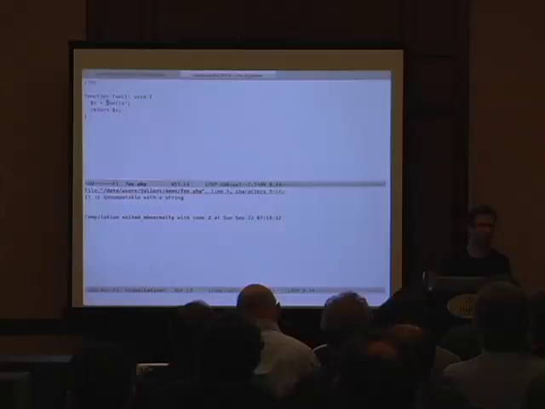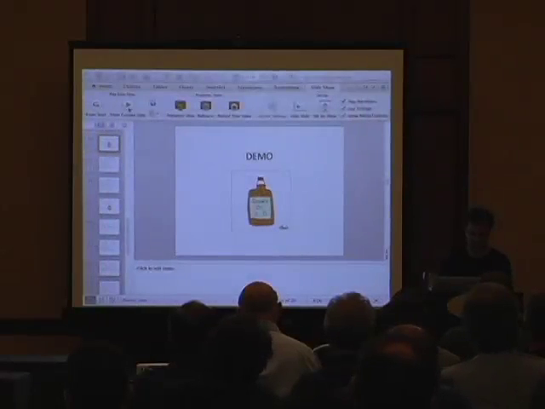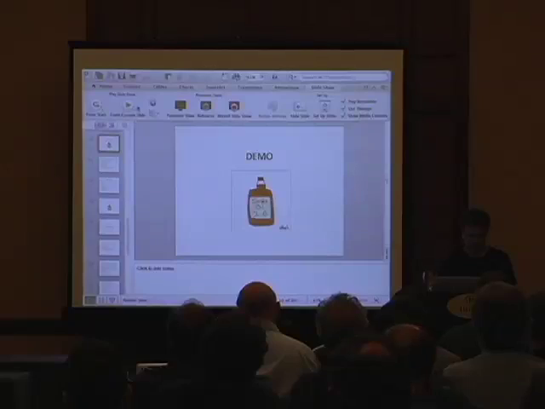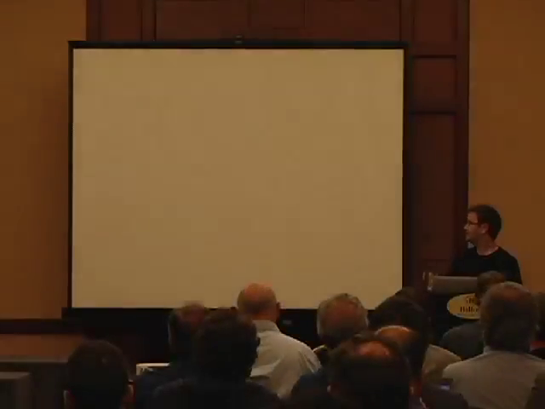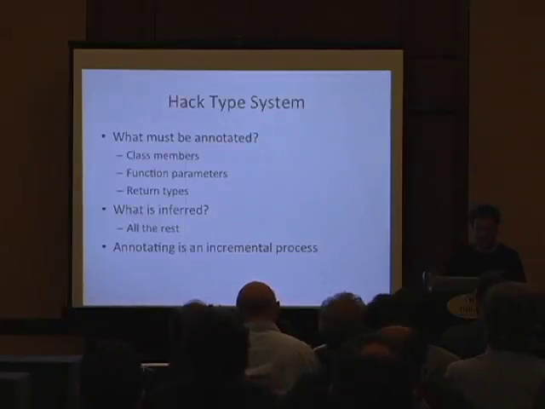In that case, it would mean to remove it if we wanted to return void. So voilà, that was for the little demo. And it actually works. Now, a couple of words about the type system itself.